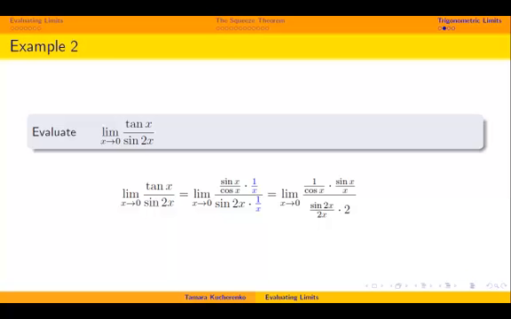Now we are ready to let x go to 0. In the numerator, 1 over cosine x approaches 1, since cosine of 0 equals 1. Sine x over x also approaches 1 when x tends to 0.